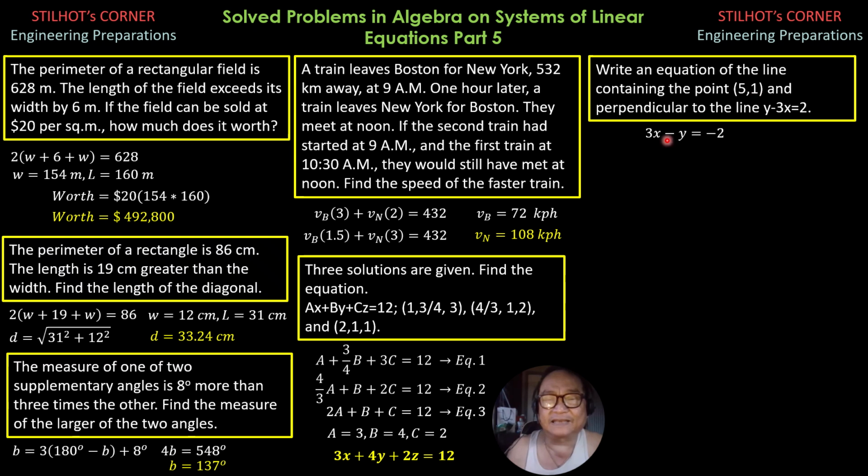So again, x plus 3y equals 5 plus 3 times 1. That's the expected equation of the line perpendicular to this line here. So therefore, the second line perpendicular to the first and containing (5, 1) as one point is x plus 3y equals 8.